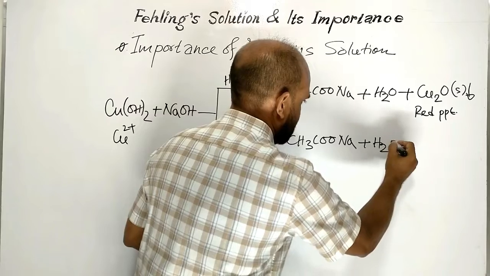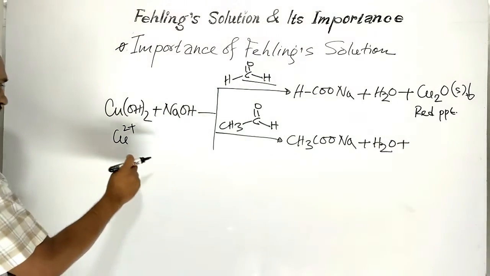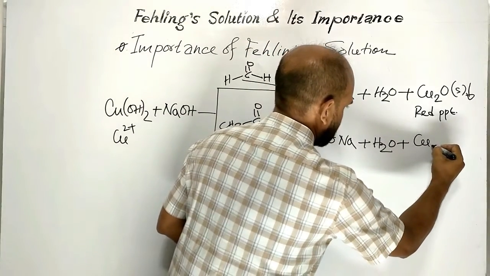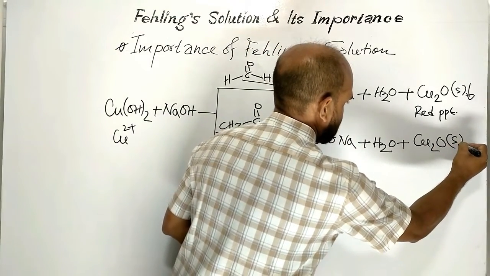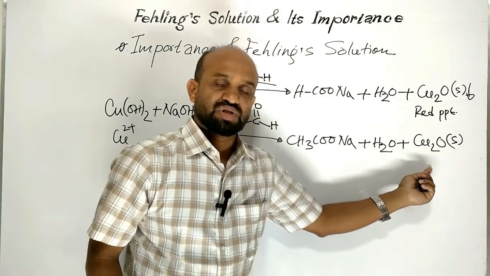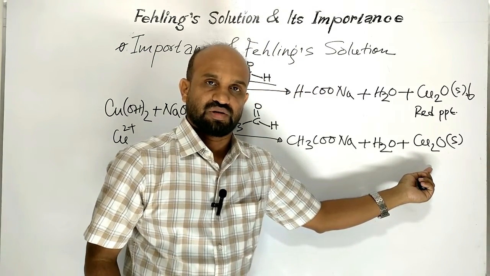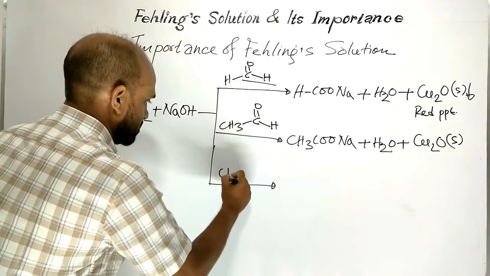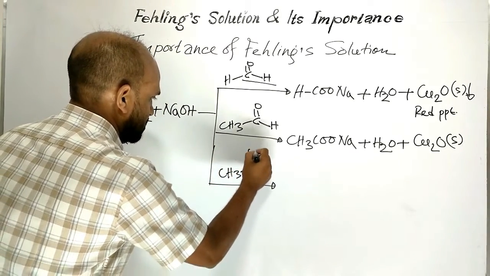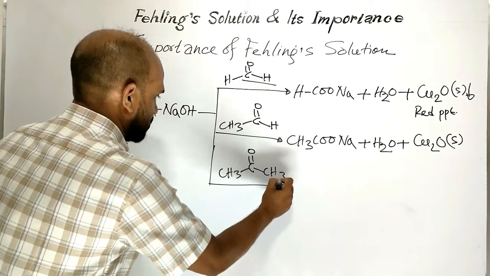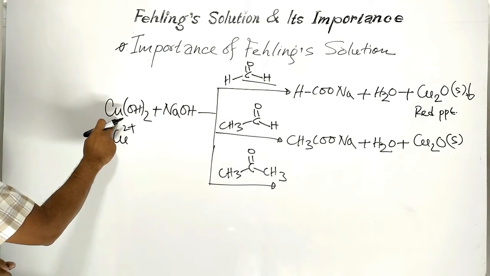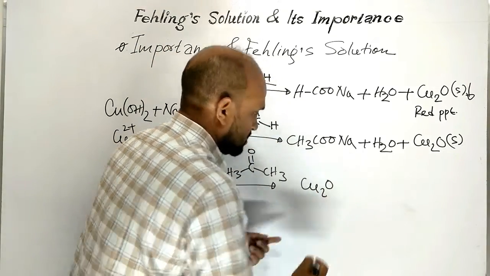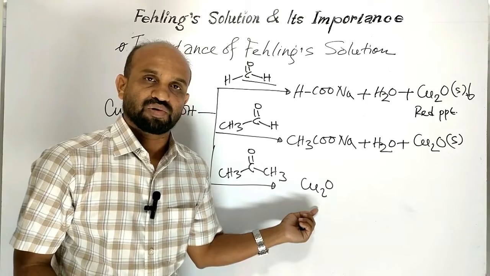Another byproduct is water, and at the same time copper 2 plus reduces to cuprous oxide that deposits as red precipitate. If we take ketone like propanone, Fehling reagent cannot form any precipitate of copper oxide.